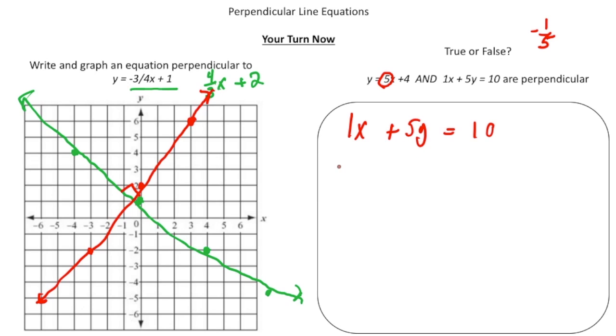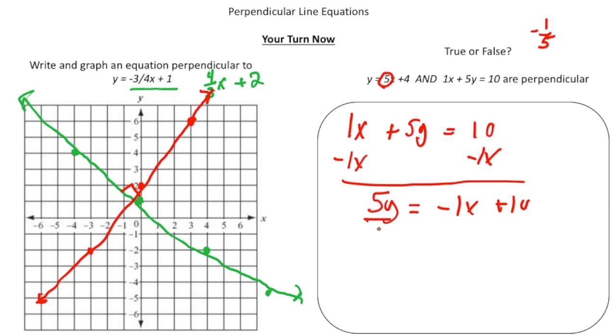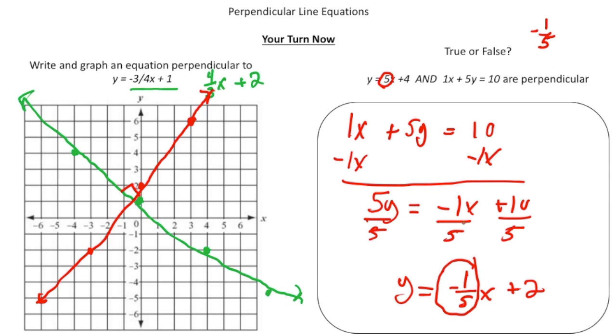Let's isolate the y, so I'm going to take away 1x from both sides, and we get 5y = -1x + 10. Then divide everything by 5, and we get y = -1/5 x + 2. If you notice, the slope is -1/5, which is what we wanted. So the answer for this one is true, the lines are perpendicular.